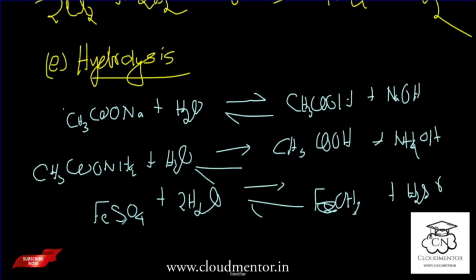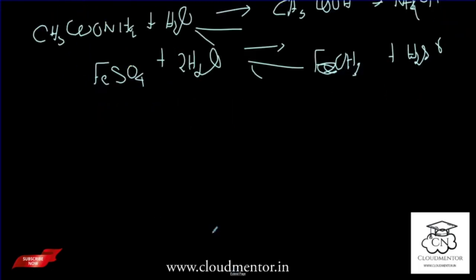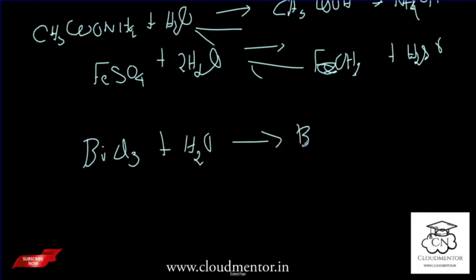Some salts on hydrolysis give oxy compounds, that is BiCl3 plus water giving BiOCl plus 2HCl.